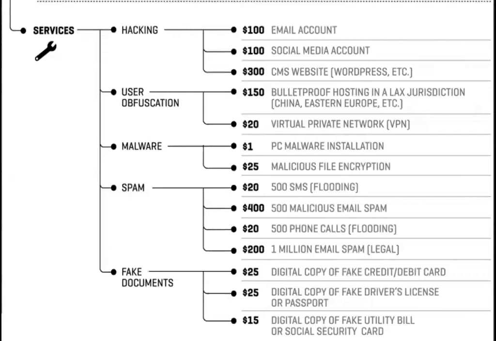So an interesting one here is that when you talk about ransomware, it can cost $1 to put a piece of malware on a PC. It's really not very expensive at all. And then obviously, as you go to fake documents as well, that just shows how cheap it is out there. So move on to the next slide.